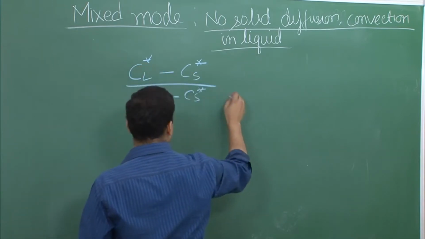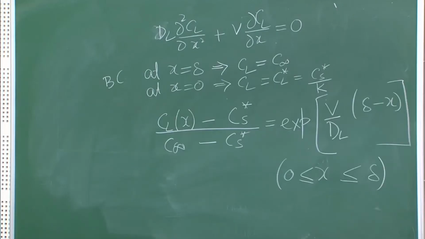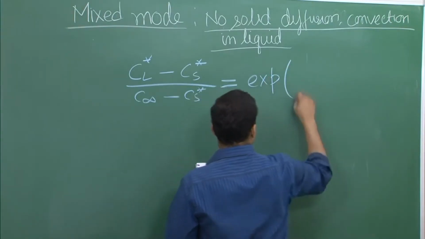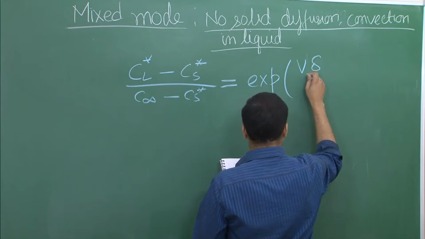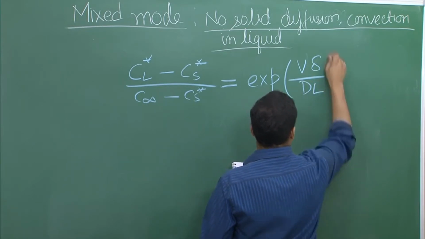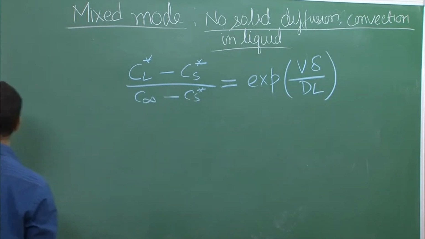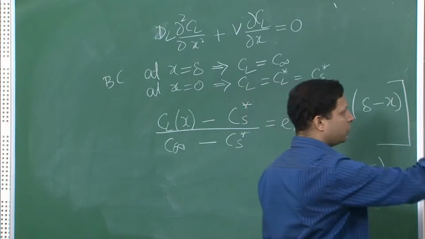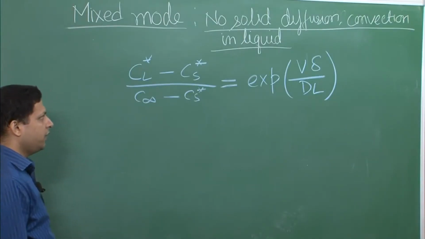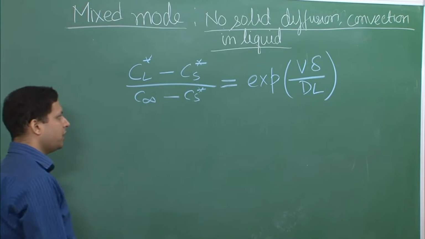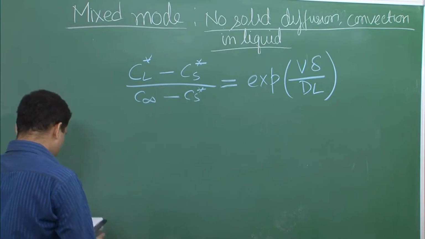So this is the left hand side, and this is the right hand side. Because we have put x equal to 0, therefore we have only V times delta divided by DL. So this is the form of the equation.